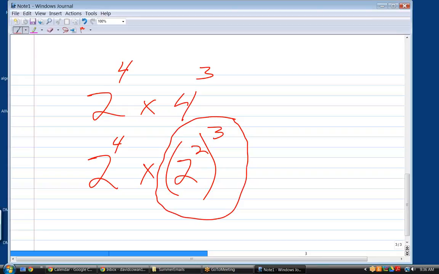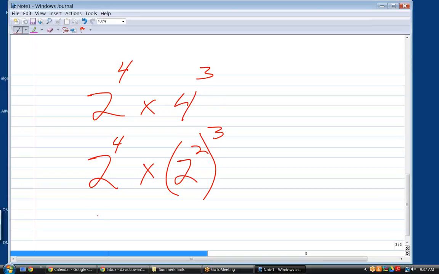What is 2 squared cubed equal to? 2 to what power? 5. No, we're exponentiating. So we're always going to do one level less with the exponents. So here we're going to multiply the exponents.